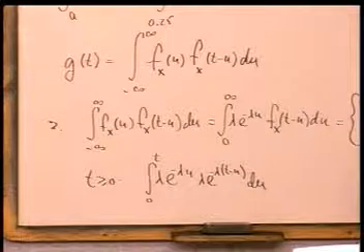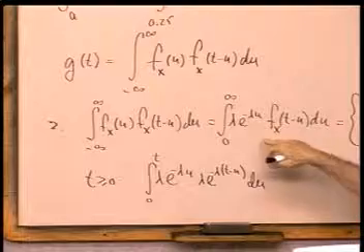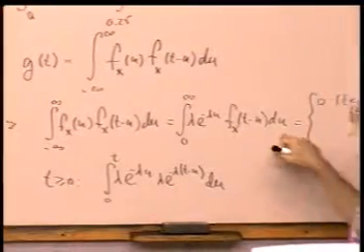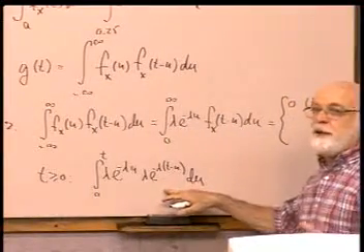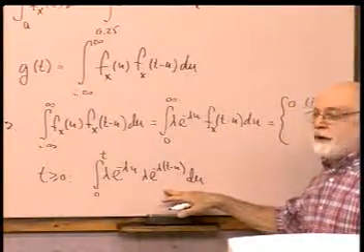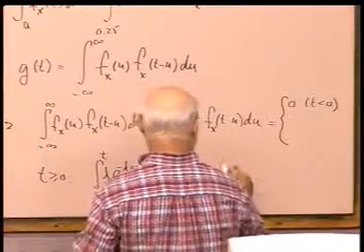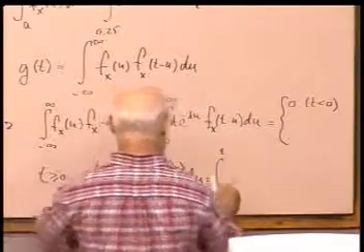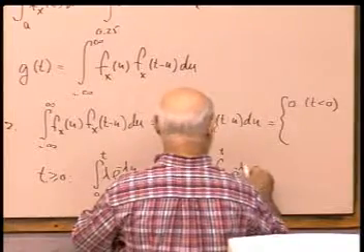Okay, so the whole thing here is understanding how the integrand changes its formula as u varies between minus and plus infinity. Now, this may look complicated at the moment, but this is in fact very easy to evaluate. Because all I have to do is rewrite this, and let's see, I have the integral from 0 to t. Then I have a lambda. Then I have e to the minus lambda u.